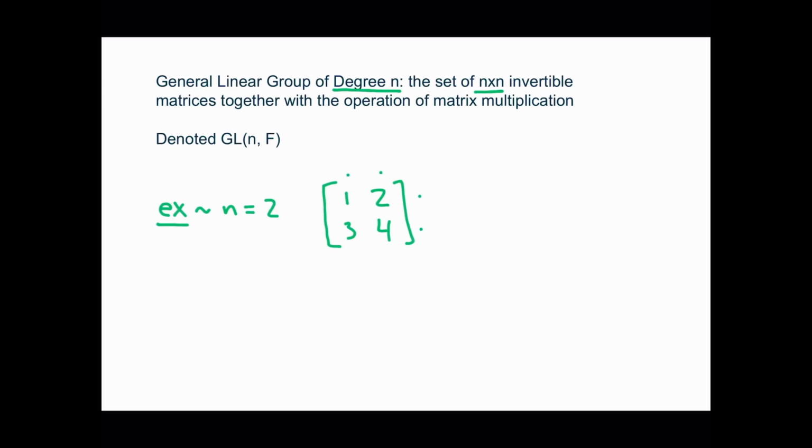I could be working with a matrix like 3, 6, 8, 9, again with 2 rows and 2 columns. So the degree just tells me what sort of matrices I'm going to be working with. And if I decided I wanted to work with 2x2 matrices, I'd denote the general linear group like so, substituting in a 2 for the degree n, and working with some field F.